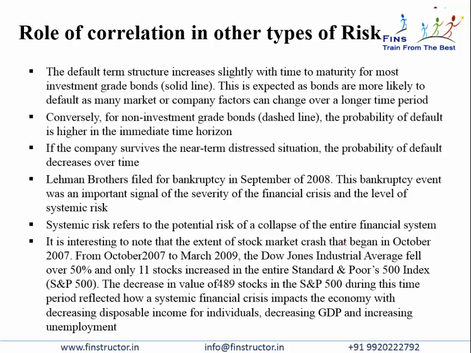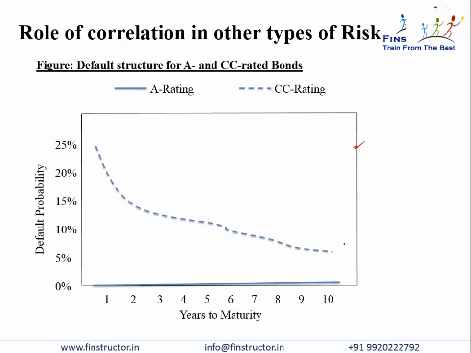So we see that the default term structure, which measures the probability of default against the time to maturity of the bond, increases slightly with time to maturity for most investment grade bonds. In general for investment grade bonds, it's an upward sloping line. As time to maturity increases, probability of default also increases.